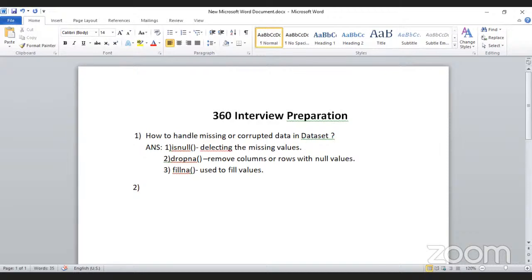Second question is, when should classification be used over regression? When do we use classification over regression?